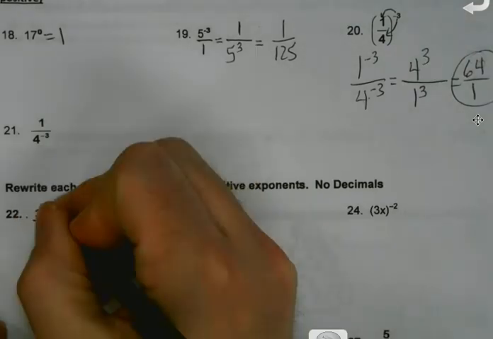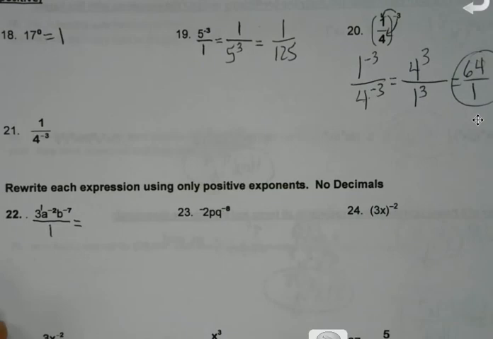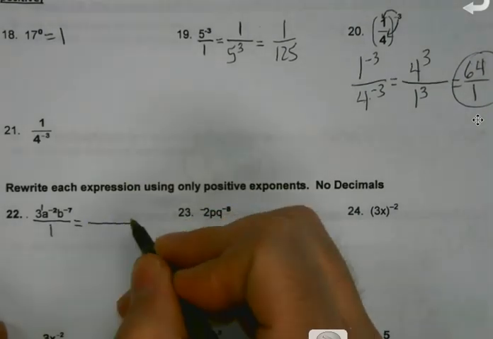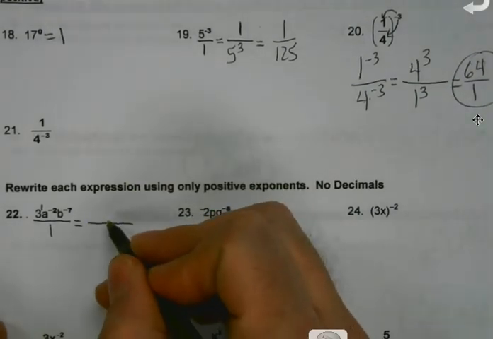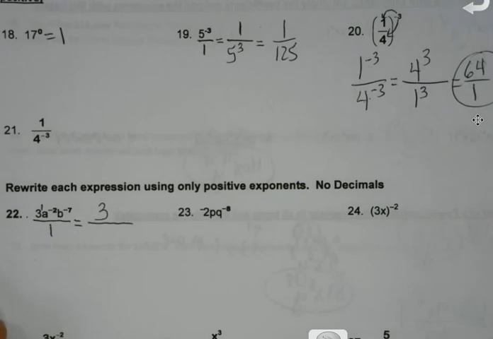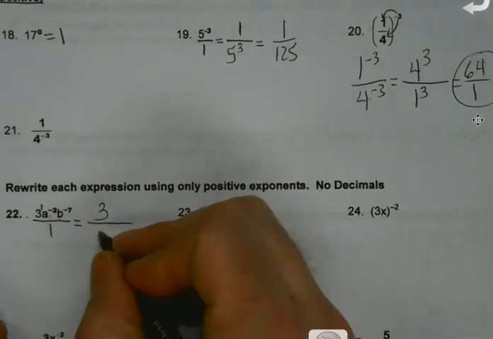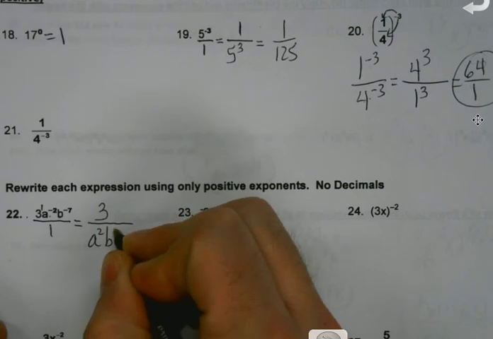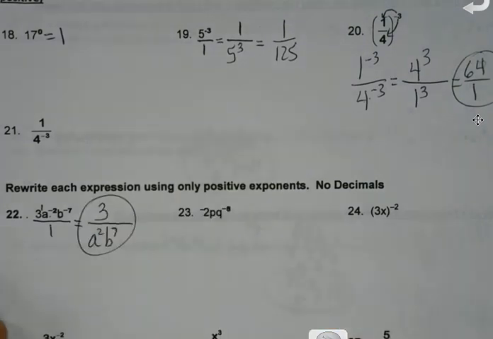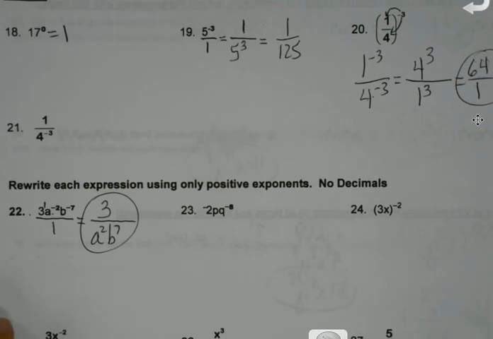No. Okay, if anything, it has a positive exponent of 1 on it. So do I need to flip the 3? No. It has a positive exponent. It doesn't get flipped. But my a and my b, since they both have negative exponents, both get flipped, and I'm done. Okay. Again, the only flipping is on negative exponents.